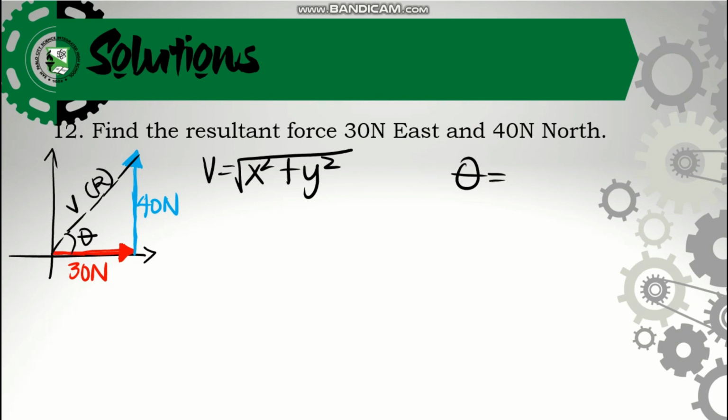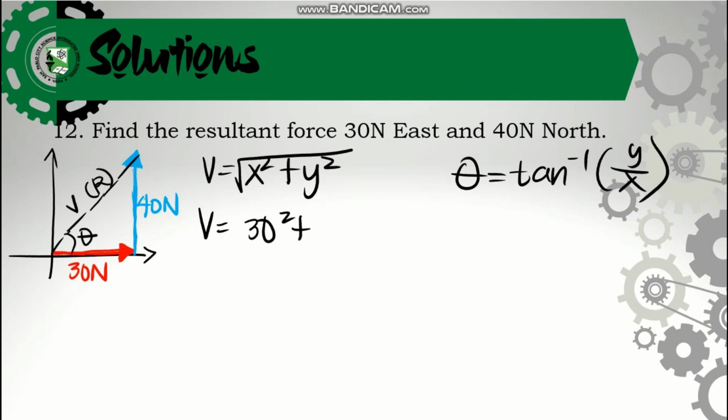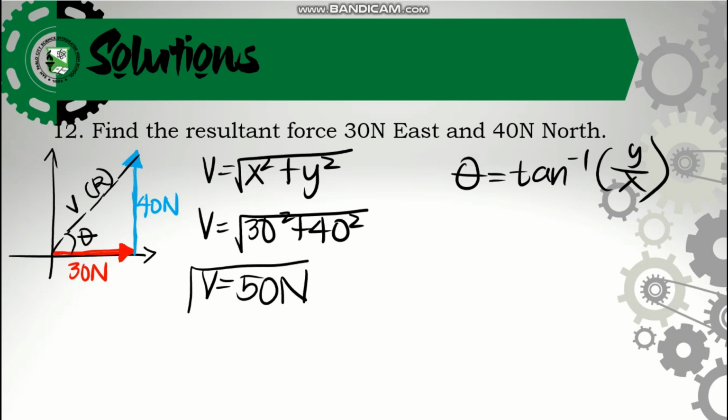Same lang yon. Meron pang ibang resources na ang ginagamit is FR, which is resultant force. So, again, it's okay as long as you put the correct values and correct formulas. So, simple Pythagorean theorem, we have 30 squared plus 40 squared, and then square root, we get 50 Newtons. Don't forget the units. And then in getting the angle, tangent, okay, cotangent.